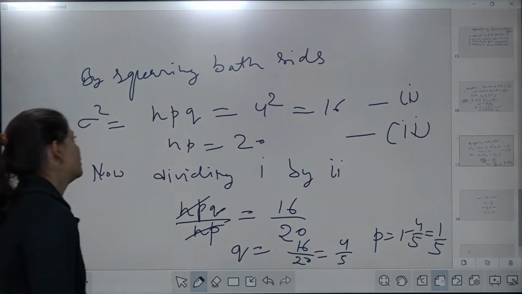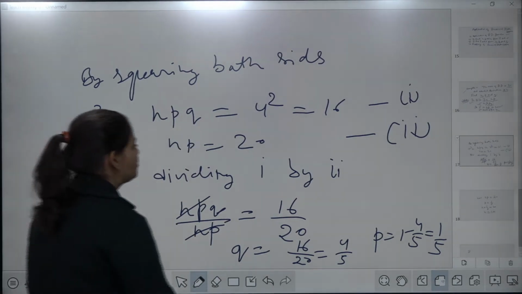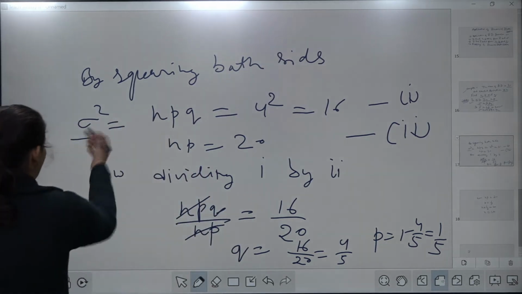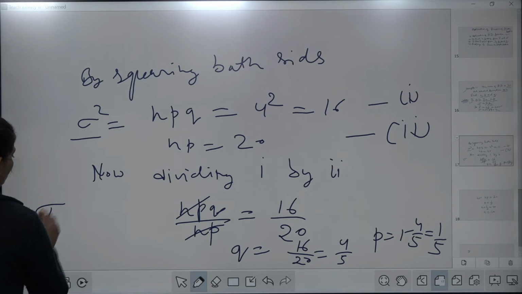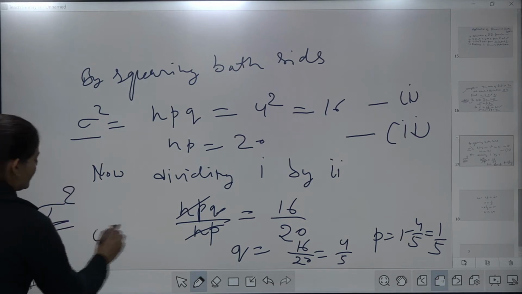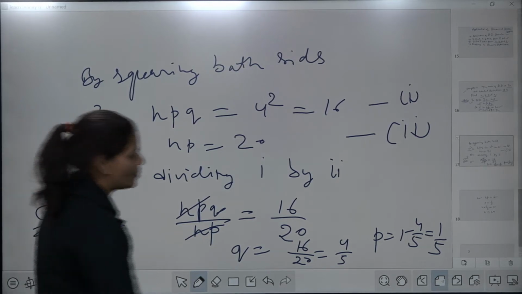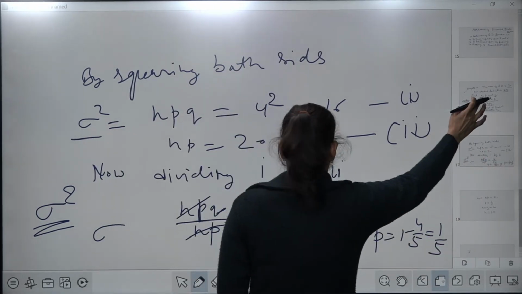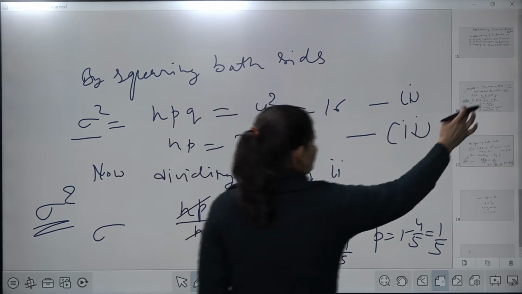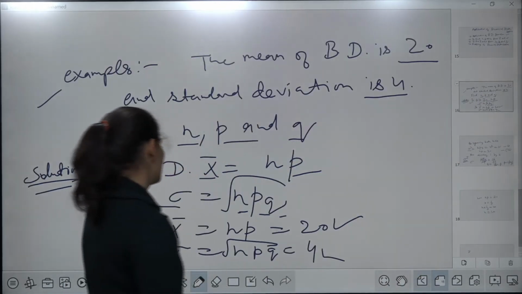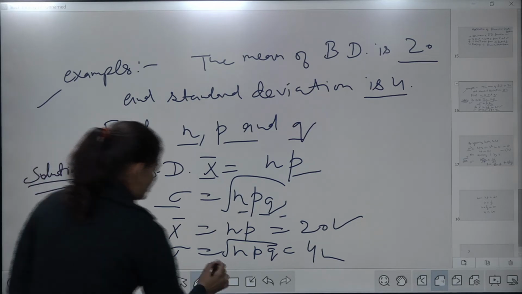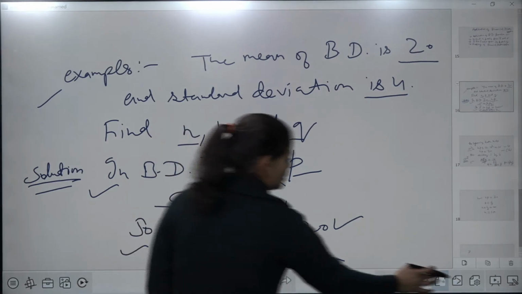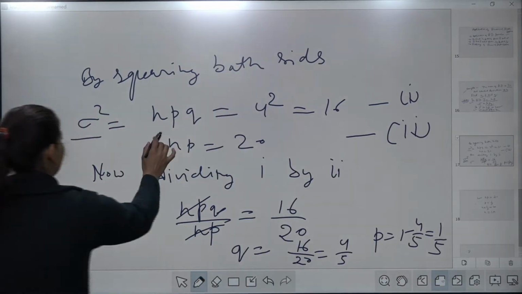We can find out the variance. What is the variance? Variance is the square of standard deviation. We square both sides of this equation.